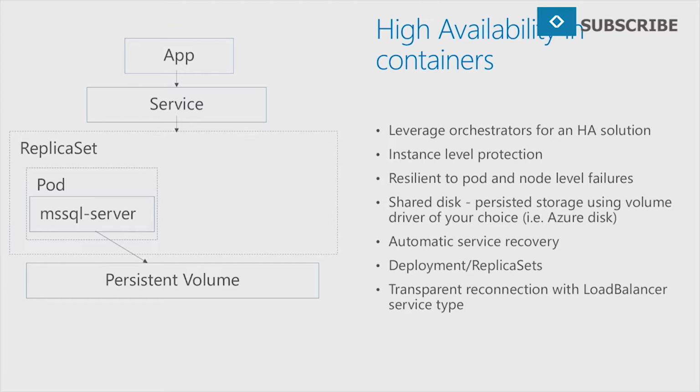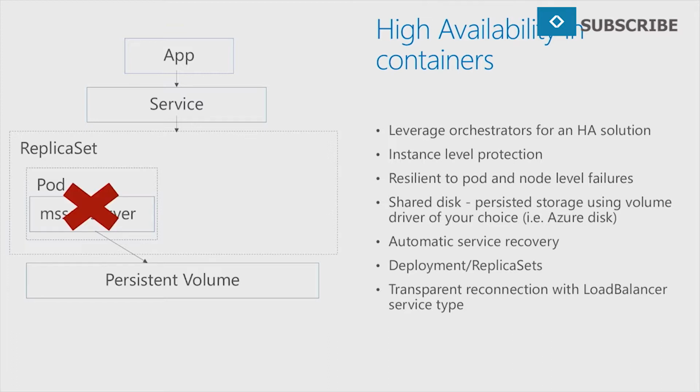For example, you can deploy SQL Server on a Kubernetes cluster running on Azure Container Service and use replica sets to achieve a high availability configuration, very similar to a shared disk failover cluster instance configuration. In this case, Kubernetes plays the role of the cluster orchestrator.